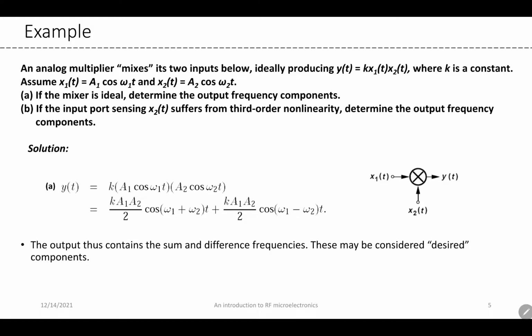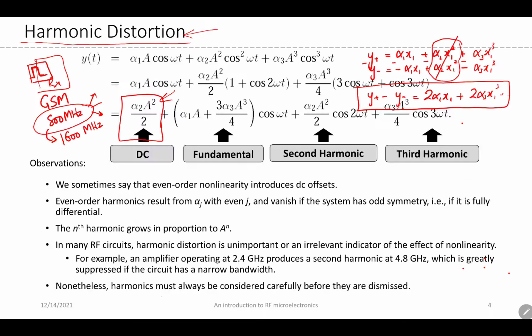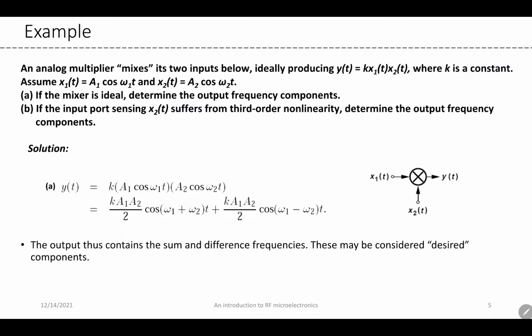Let's look at an example of how harmonic distortion can lead to other problems which might be of practical importance. Let's assume we have a system. It's a mixer, and a mixer multiplies two signals.